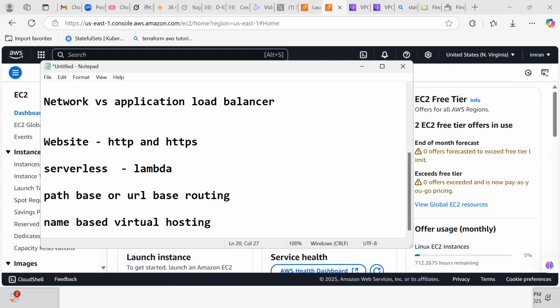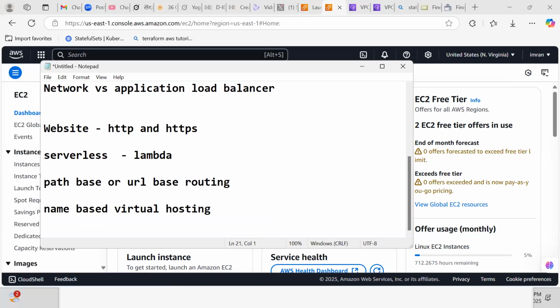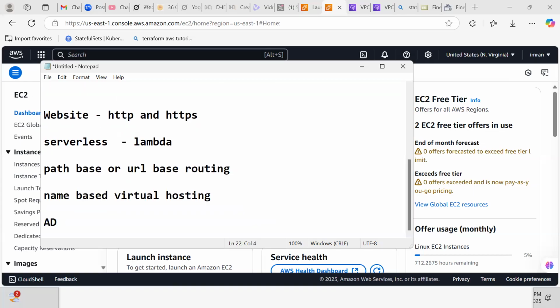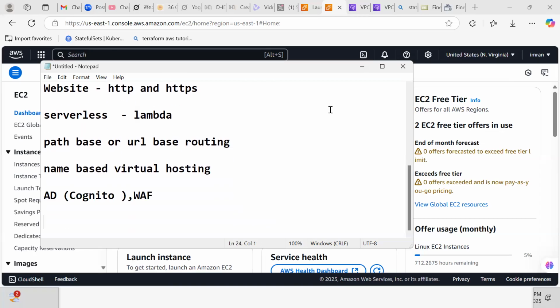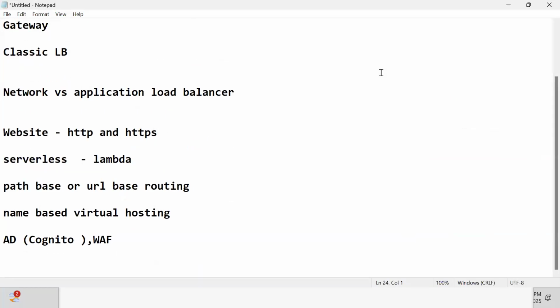These are all use cases. And I need to integrate with AD or user authorization using Cognito, and I want to deploy the WAF, web application firewall, for my applications. For all these use cases, we need to go for the application load balancer.